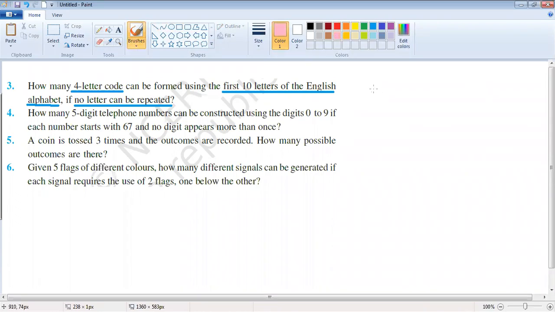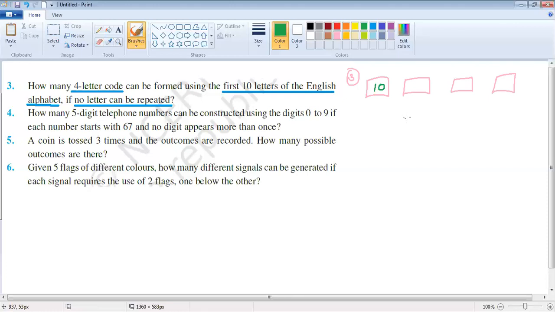So for a 4-letter chord, we have to use the first 10 letters of the English alphabet. The first position can be filled in 10 ways.